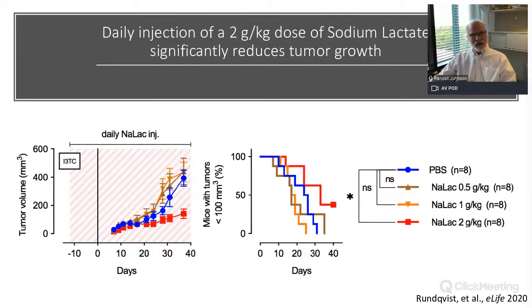But what you can see is that, in fact, the higher doses of lactate actually had a significant effect on overall tumor growth, and in fact, increased survival and decreased growth to a statistically significant extent, quite unexpectedly.